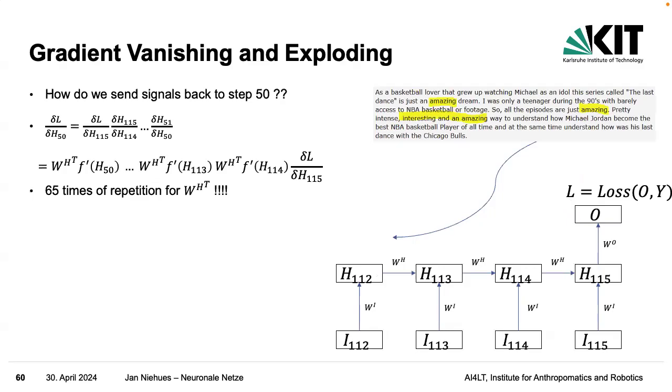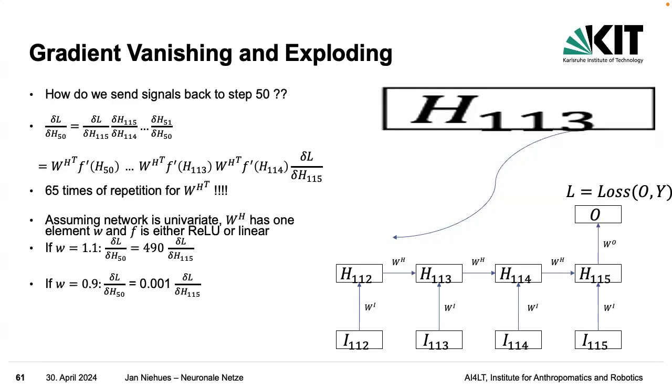So then you would have the loss with respect to H15, then the loss of 15 with respect to H16, and so on. If you do the calculation, you always have your weight matrix WH in there, and you would have it 65 times in there. So you have this weight 65 times in your product. What does it mean?